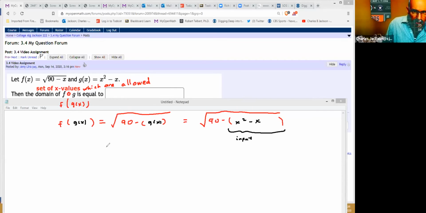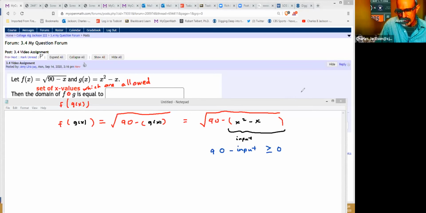Okay, so this equation right here tells us that 90 minus this input here has to be greater than or equal to 0, okay?